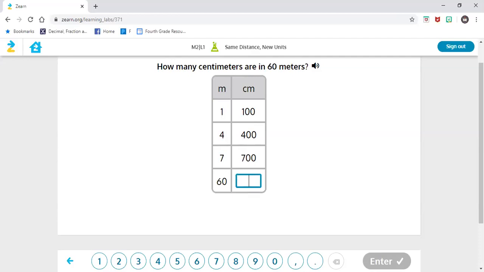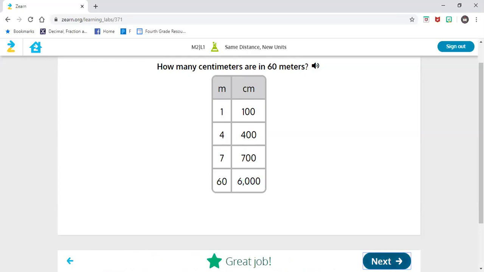So if I have 60 meters, I'm going to multiply 60 times 100, because I know there's 100 centimeters in every meter, that's going to give me 6,000. So that's where that multiplication is coming in when I'm converting. And remember, converting means that I'm changing from one unit to the next unit.